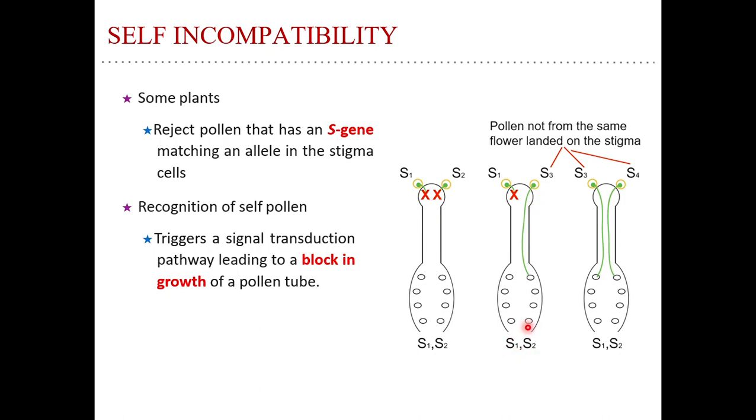It only rejects if the S gene is similar, matching the allele in the stigma cells. As shown in this third figure, the S1 and S2 alleles in the stigma cell are compatible with the S3 and also S4 genes of the pollen. So both can produce a pollen tube and fertilize the egg.